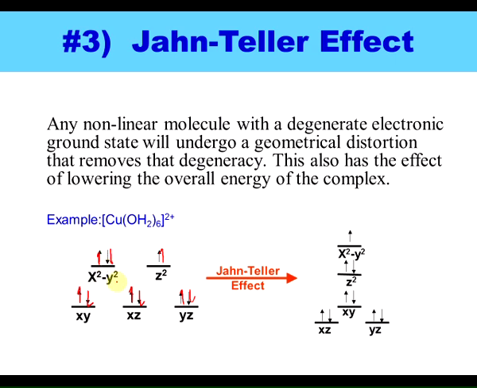But the molecule can distort, and a lot of times you'll see this axial elongation. And when you remove the symmetry, you lower the symmetry of that molecule, the d orbitals will split in such a way that makes one of the orbitals more favorable than the other. So in this case, we're showing the dz squared lower in energy. And so that last electron will go into that dz squared if we're assuming a high spin case.